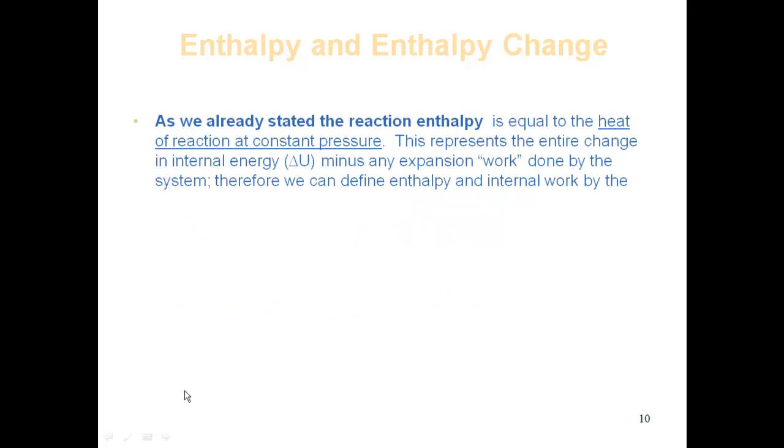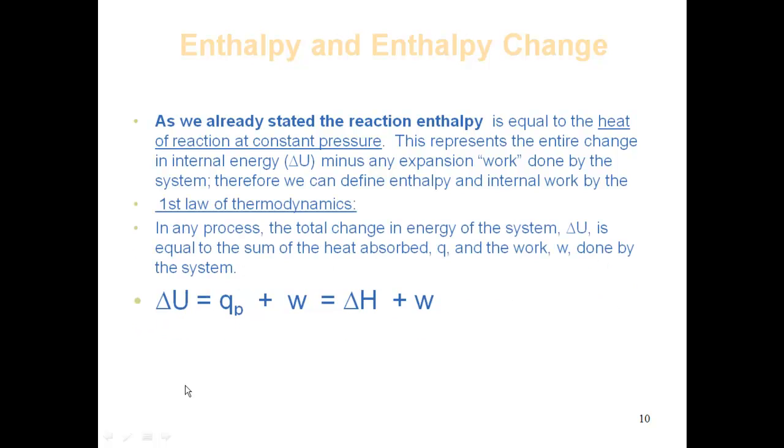As we already stated, the reaction enthalpy is equal to the heat of reaction at constant pressure. This represents the entire change in internal energy minus any expansion work done by the system. Therefore, we can define enthalpy in internal work by the following equation, which is referred to as your first law of thermodynamics. In any process, the total change in energy of the system is equal to the sum of the heat absorbed and the work done by the system.